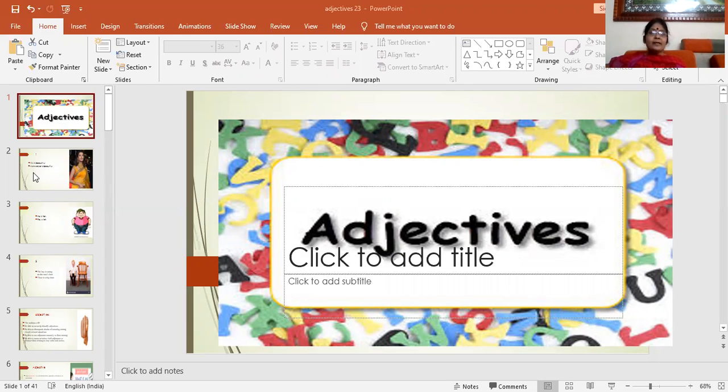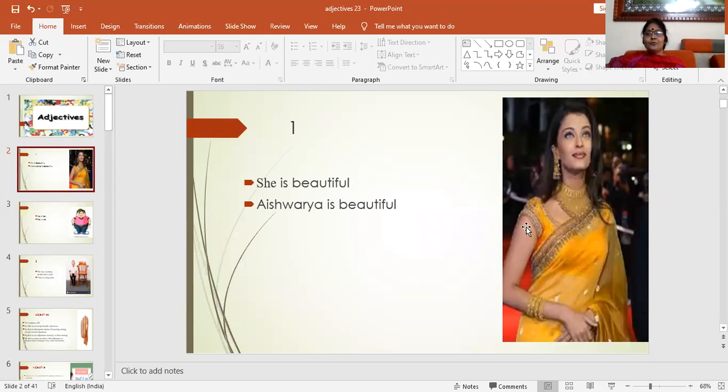Now let us look at this picture first. Now all of you know who she is. She is Aishwarya Rai, Miss World of India in the past. Now, if I have to describe her, I would say Aishwarya is beautiful, or I would say she is beautiful.